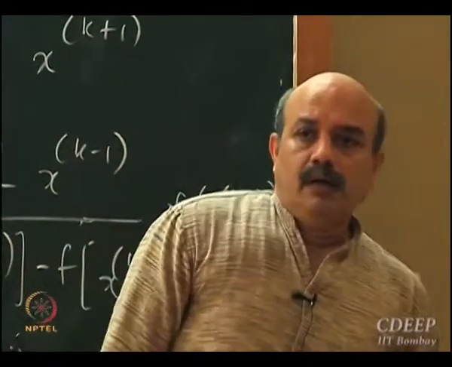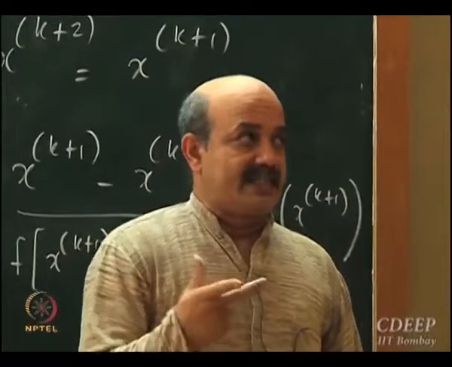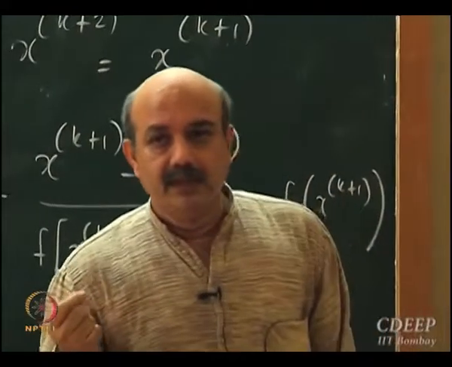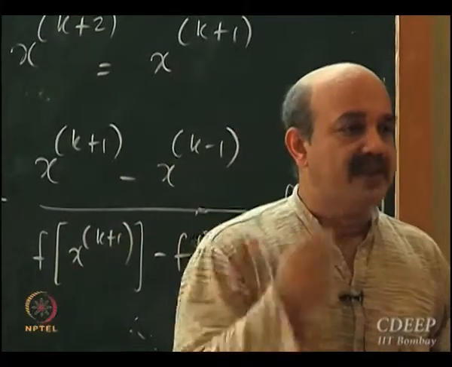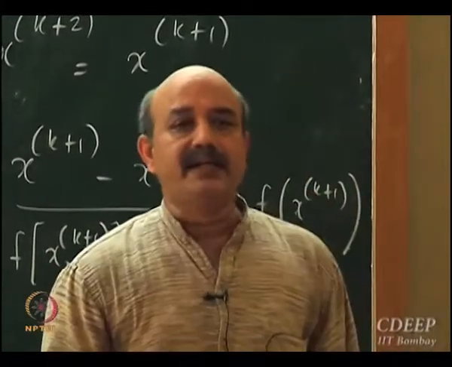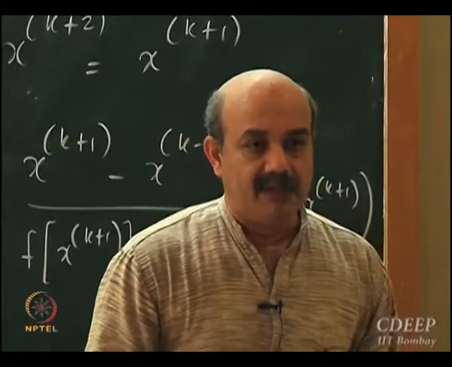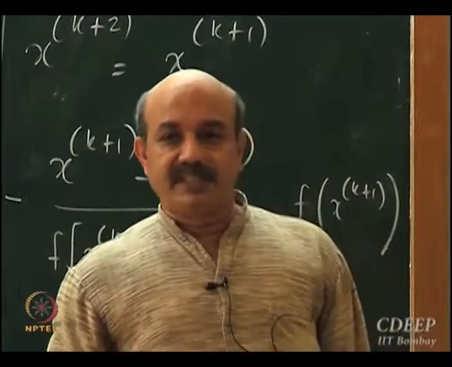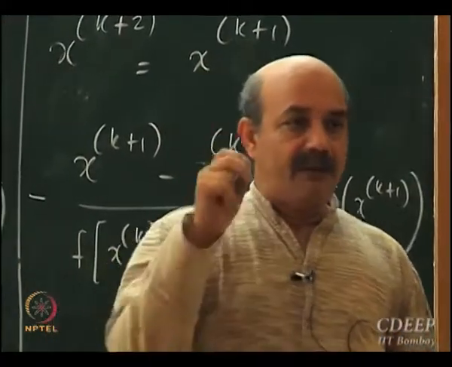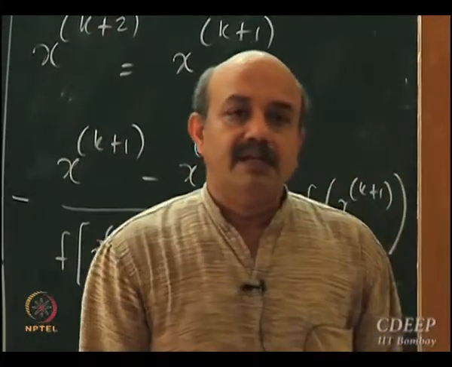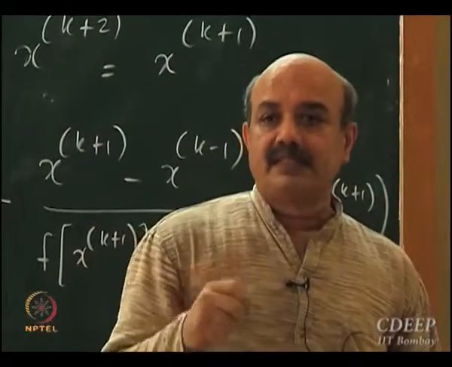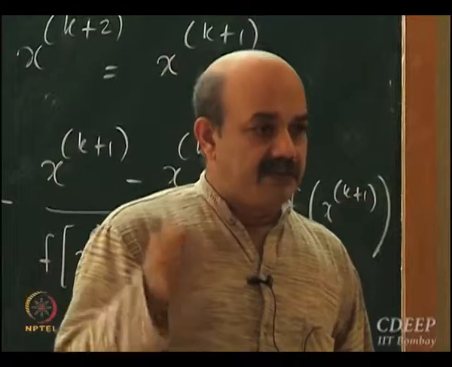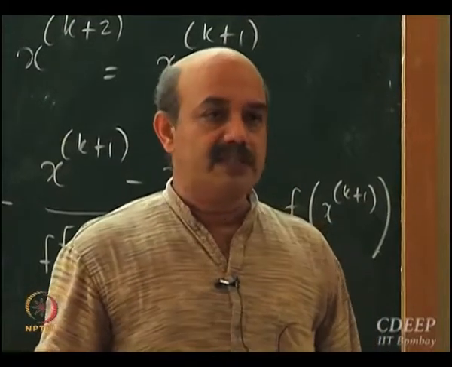Now what I am going to do next is use this univariate secant method and create a multivariate secant method. This multivariate secant method is called Wegstein method. The advantage of the multivariate secant method is that the number of derivative calculations is very, very small, equal to the number of equations.